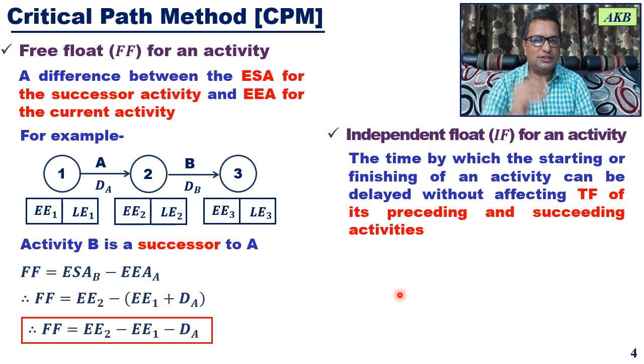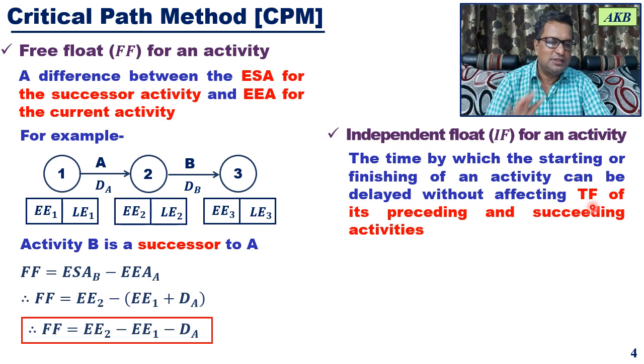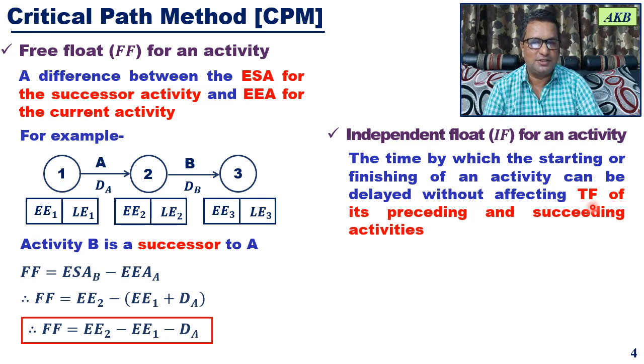How to understand independent float? We are going to denote independent float by IF. So independent float for an activity is nothing but the time by which starting or finishing of that activity can be delayed without affecting the total float of the preceding as well as the succeeding activities.